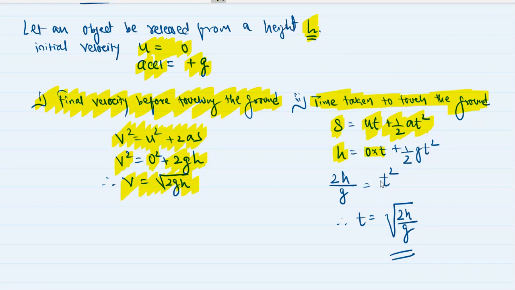Hence, t square will become 2h by g, right? 2 goes and gets multiplied with h on the other side. g goes in the denominator. So t square becomes 2h by g, and if you take square root on both the sides, you get t is equal to under root 2h by g.